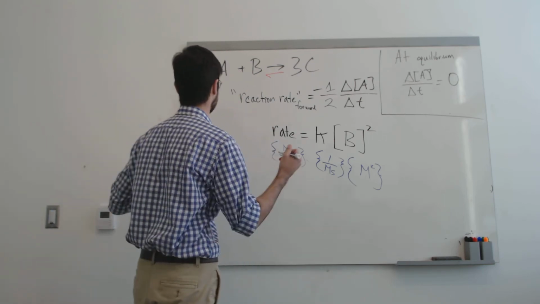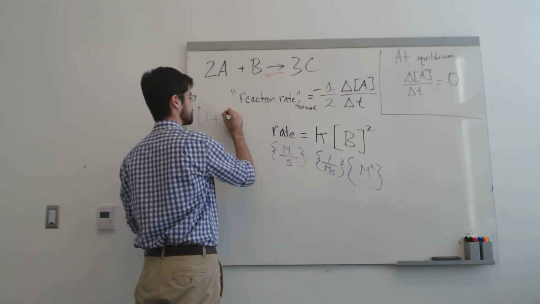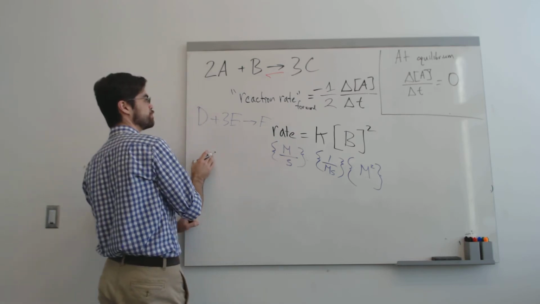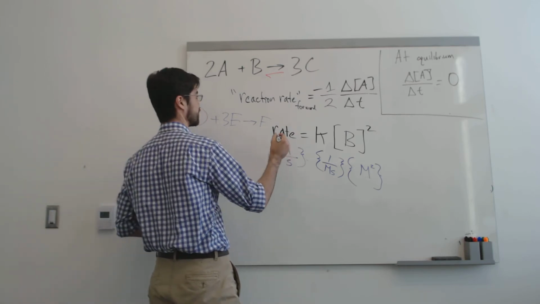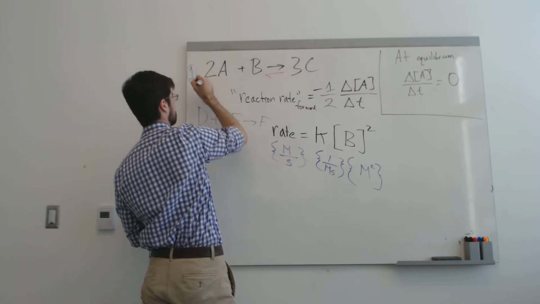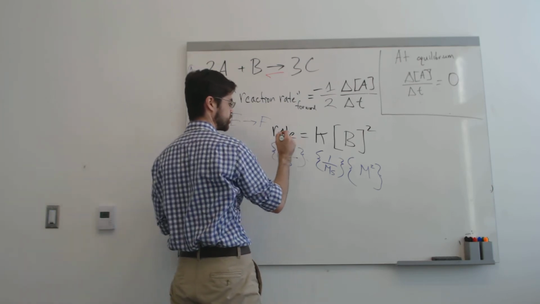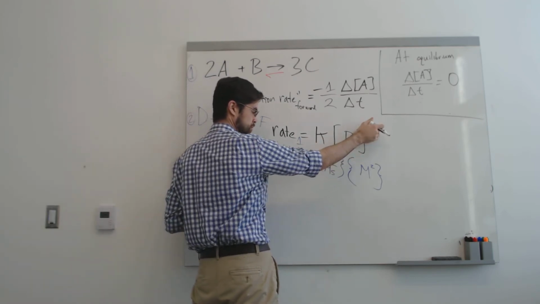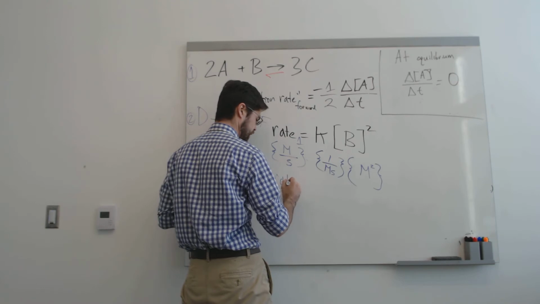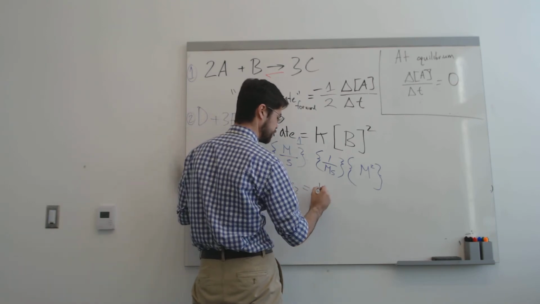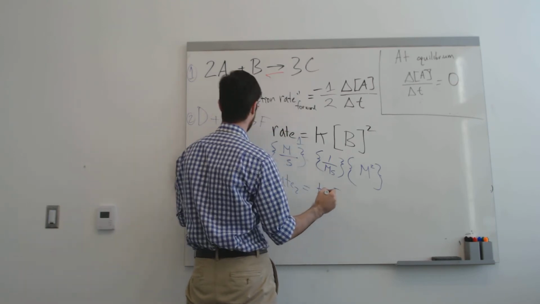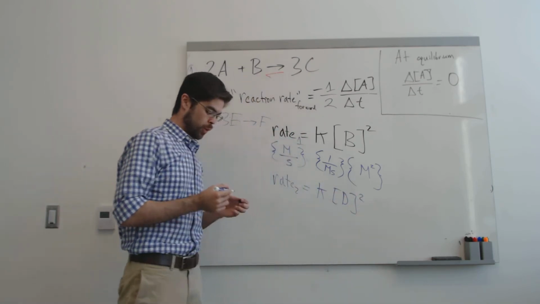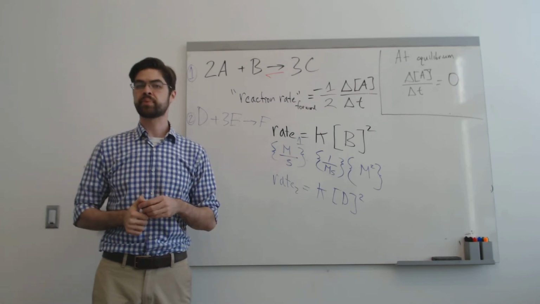I'll come up with a different reaction here: D plus 3E going to F. I'll call this reaction 1, and I'll call this reaction 2. Reaction 1's rate law might be k times B squared. The rate of that second unrelated reaction might also go as the concentration of D squared.